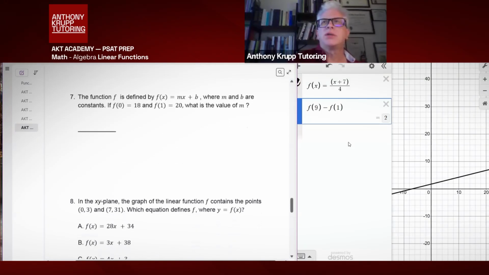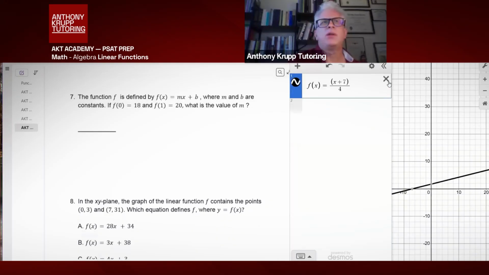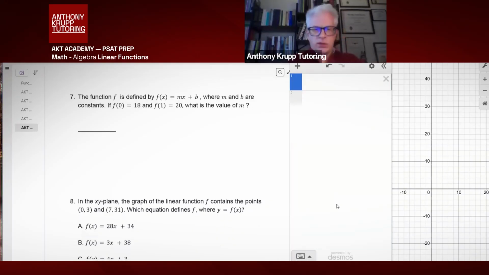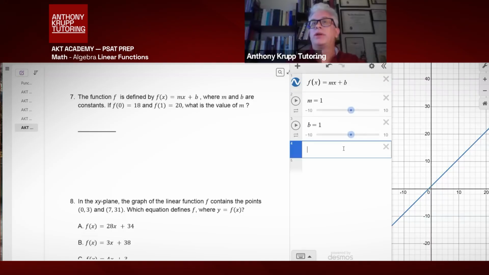All right, I'm suspecting this will probably be the case for 7 as well. Let's find out. So we have a new function. Okay, well, that's interesting. So there's all these constants all over the place. That's kind of annoying. Let's do this. I'm going to go ahead and say yes for the sliders.